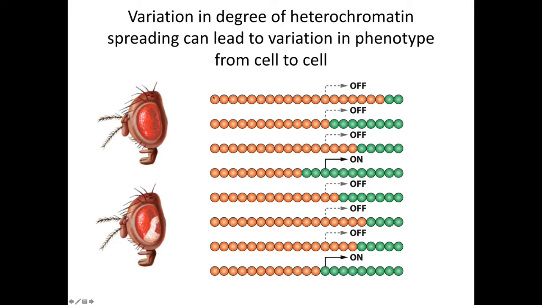What's going on here is a schematic where you have 1, 2, 3, 4, 5, 6, 7, 8, 9 early cells of the eye. And this is the sort of expression pattern that might be seen in a cell, and then this cellular state would be transmitted to all the descendant cells.